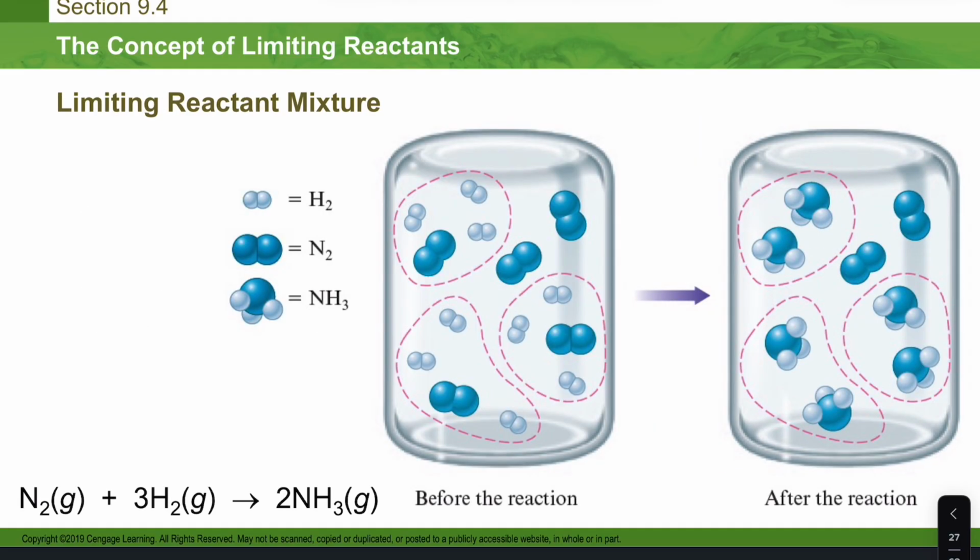So, for example, in this reaction, we have the ratio 1 N2 to 3 H2 is going to make 2 NH3. And so for every 1 N2 that we have and every 3 H2s that we have, we're going to make 2 NH3s.